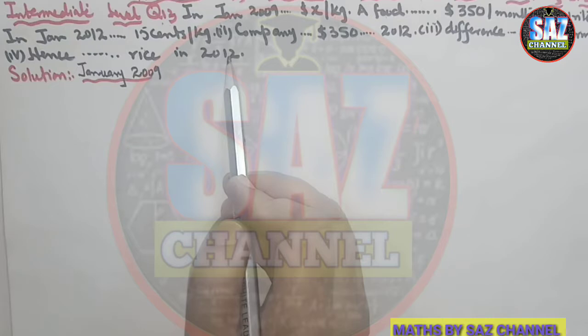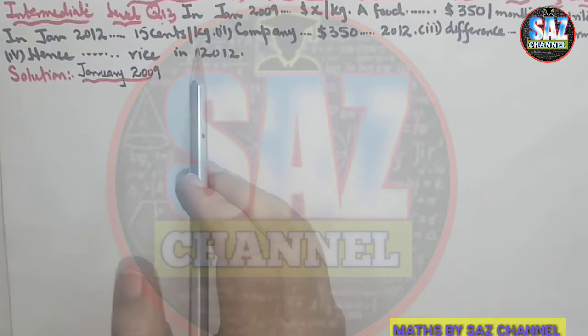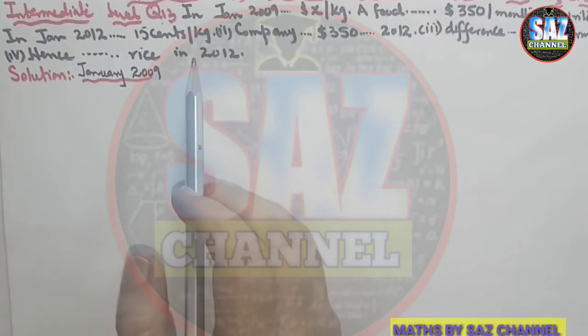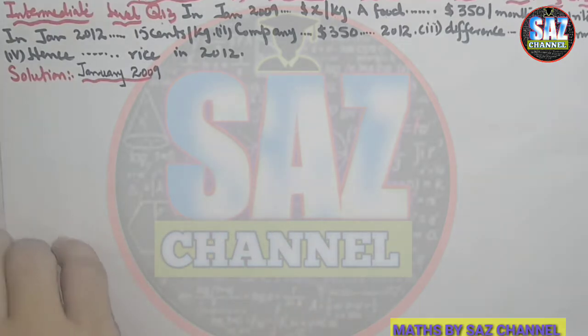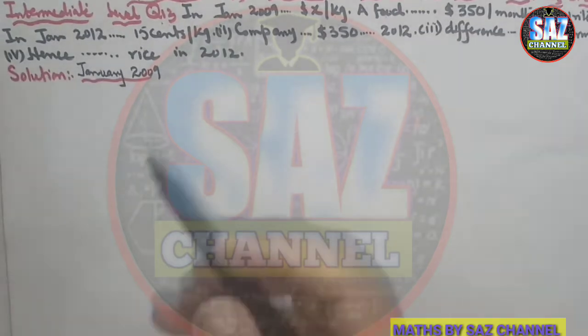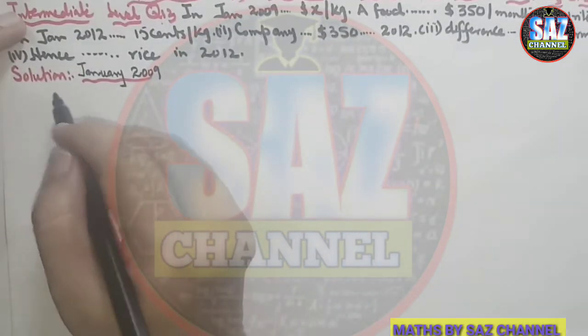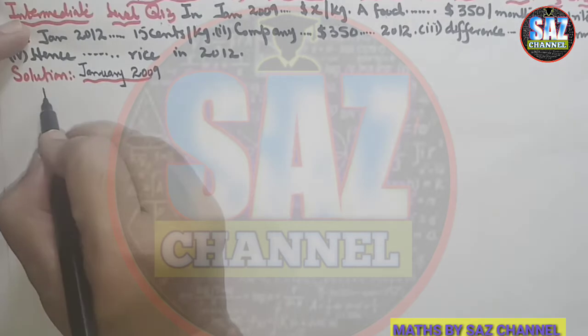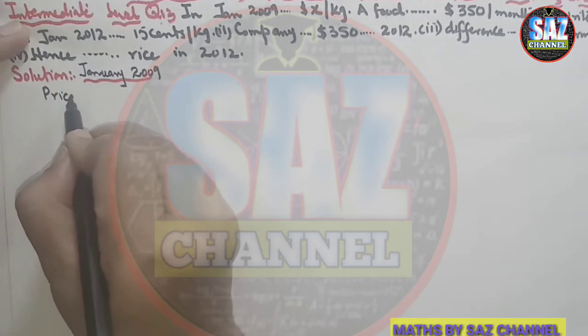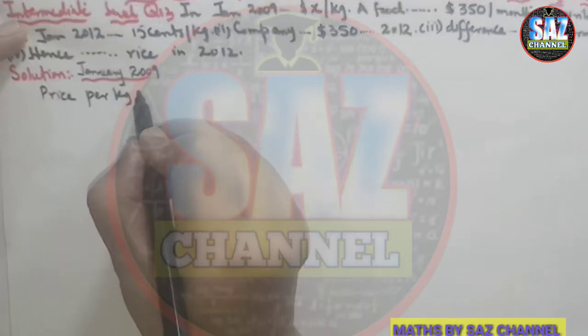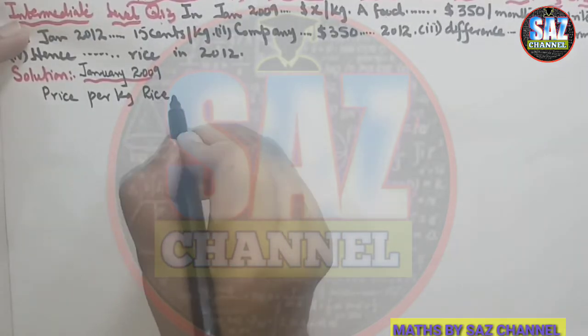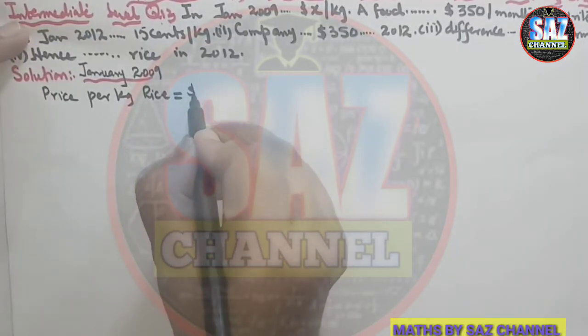Let's move to the solution of question and let's read the question from the top again. That in January 2009, the price of rice in Singapore was $X per kg. Write down the statements that price per kg rice in 2009 is $X.